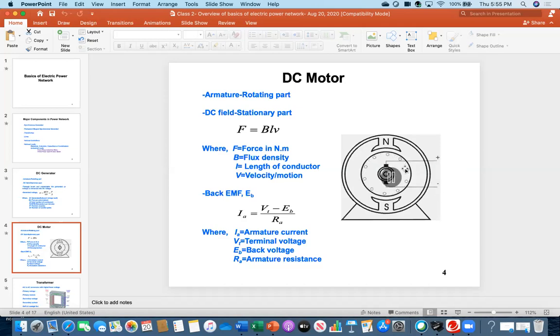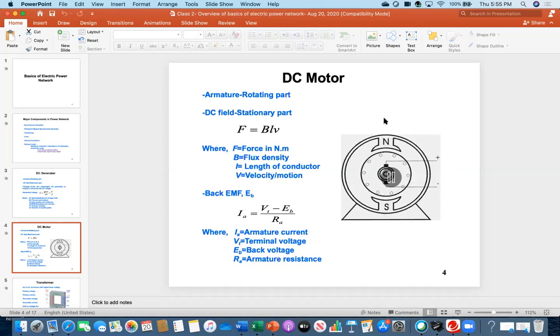Initially it does not move. This shaft is static. Once you apply the voltage to the coils, those coils build up some sort of voltage, and that causes some flux. And already there is a North Pole and South Pole placed, so they are also emitting flux.